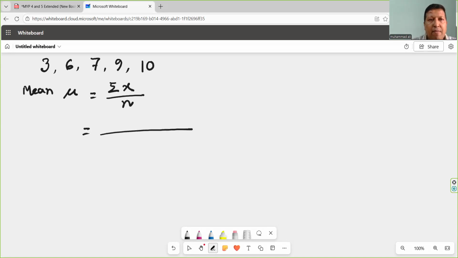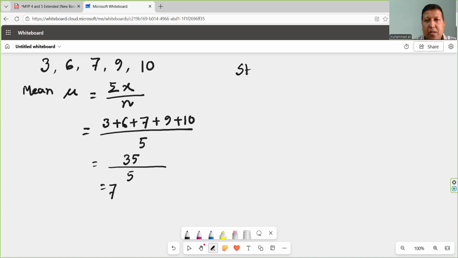Summation x means the sum of all these numbers: 3, 6, 7, 9 plus 10, divided by n. N means how many numbers are here? 1, 2, 3, 4, 5. So the upper side, 3 plus 6 is 9, and the total is 35. 35 divided by 5 is 7. So the mean is 7.